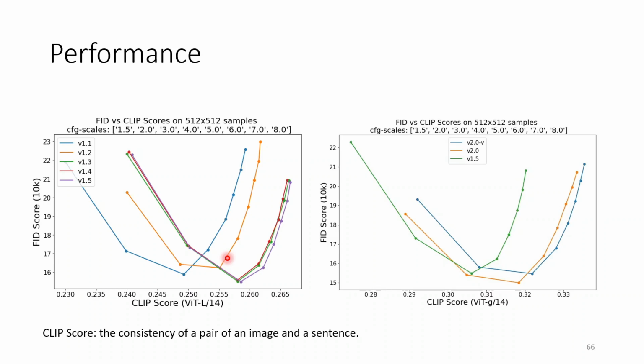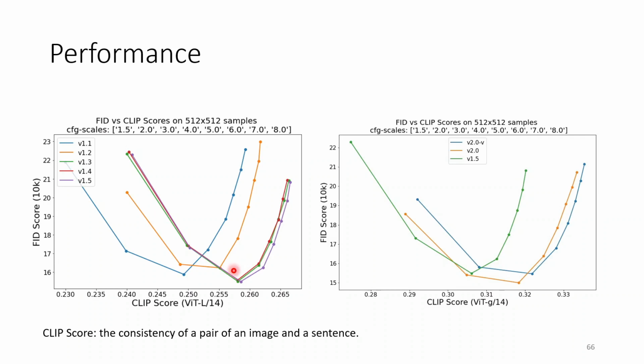Okay. And they want to show for any stable diffusion version, the parameter is very important. If you set a good parameter from between 1.5 to 8.0, it matters and it affects your generated results.